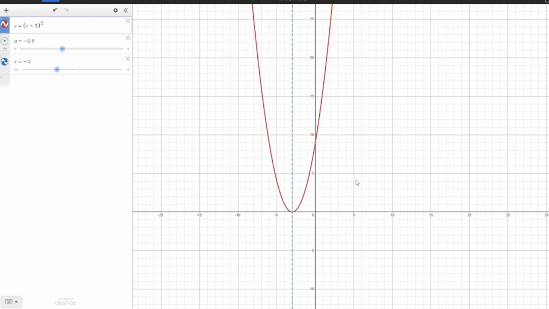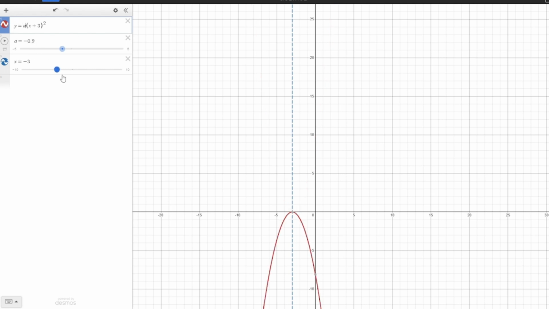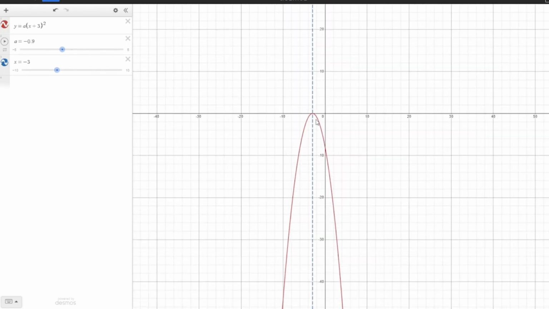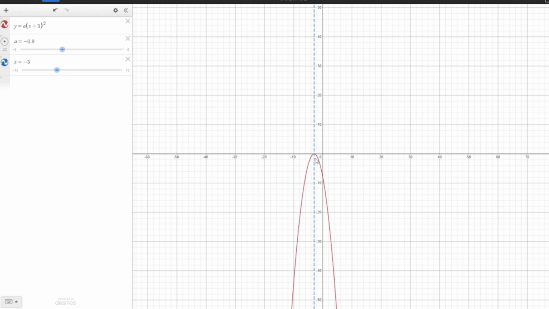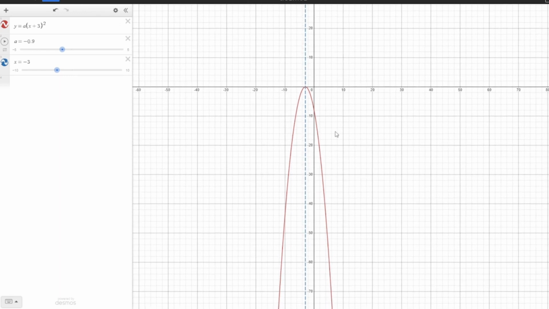The vertex can also be a very helpful point for figuring out the domain or range. So as I mentioned before, there's restrictions depending on if it's a minimum or maximum. So if my a value in this case is negative, right, I can say my domain, so the x restrictions, well, there's no x restriction because this will continue on infinitely, and it'll eventually travel across the entire x-axis.